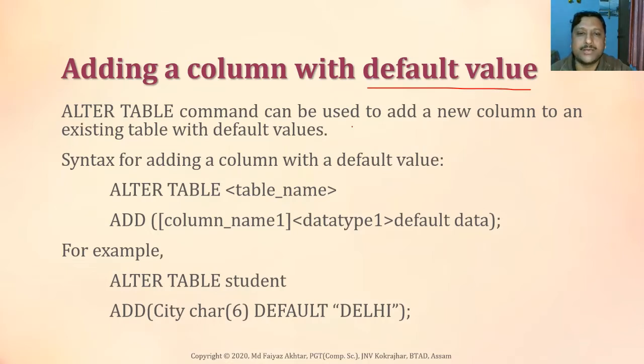Adding a column with a default value. The alter table command can be used to add a new column to an existing table with default values. Actually, default is a constraint. During SQL constraints, we learned that many different constraints exist, and one of them is the default constraint.